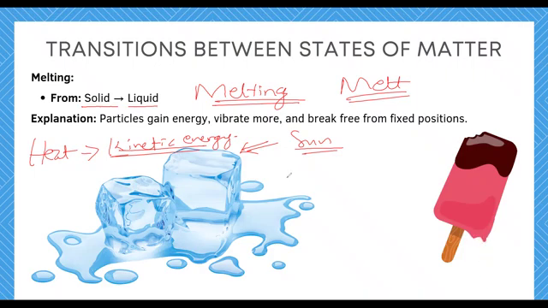Do you remember that? Yes, sir. Good. So as we apply heat to the particles of a solid, those particles will now begin to move faster than they used to before. So a point comes when they are not able to stay in one position again and then they break free. When that happens, solid now changes to liquid. Is it clearer now?